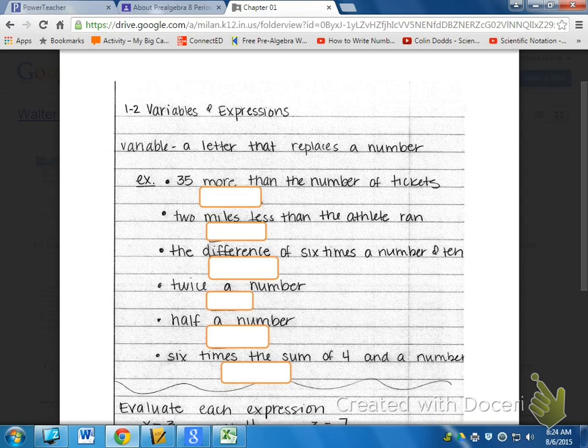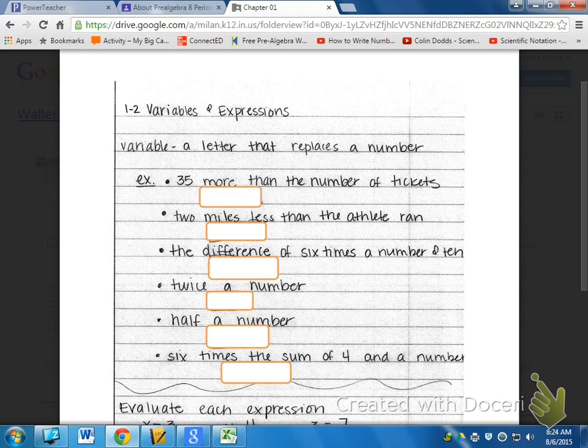35 more than the number of tickets. So, Tori, what's the part there that we don't know the number of? The tickets. So pick a variable that would represent tickets.